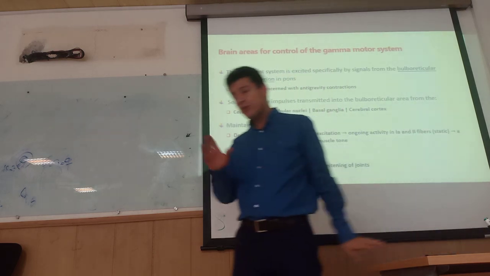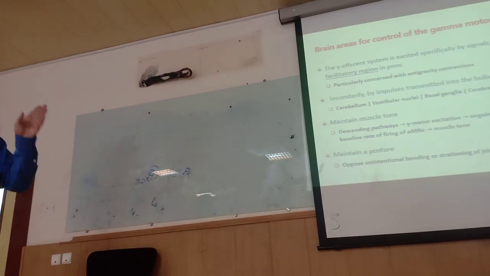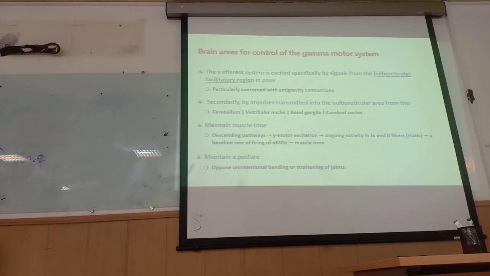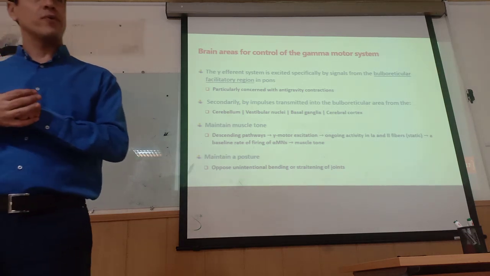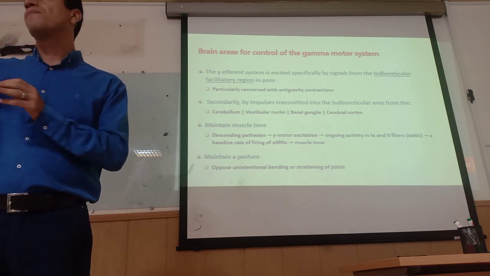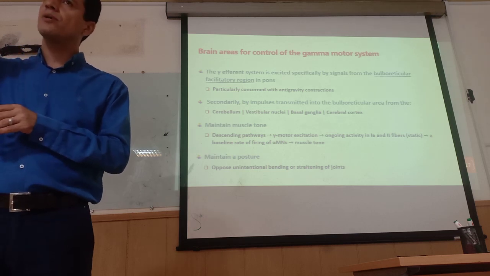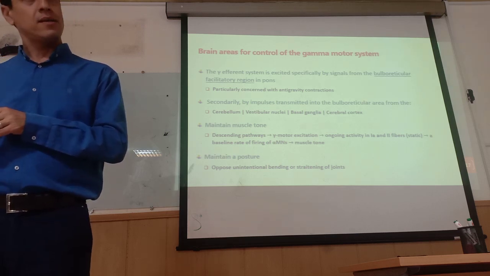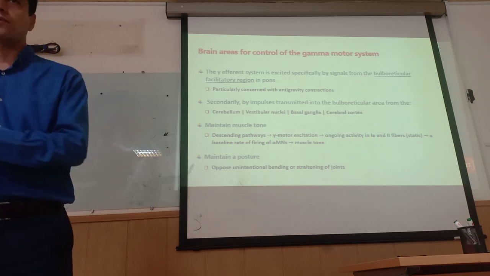Okay. Gamma neurons are regulated by a center in the brain called the bulboreticular facilitator region. It's located in the pons, in the reticular formation. Okay? In the reticular formation of the pons, we have a region that activates gamma motor neurons. The pathway is reticulospinal. So, the pontine reticulospinal tract sends information to the gamma motor neurons, and they can activate gamma motor neurons, right?